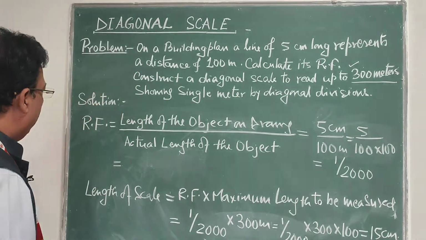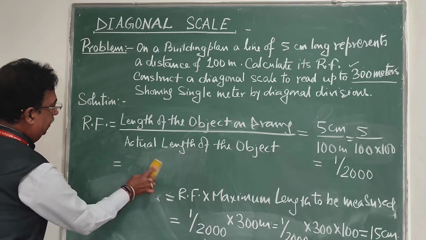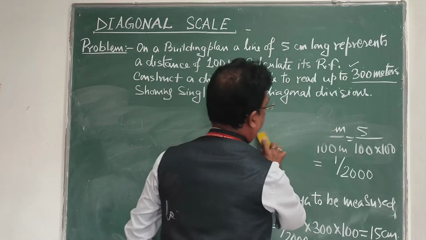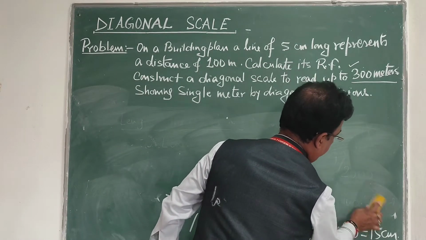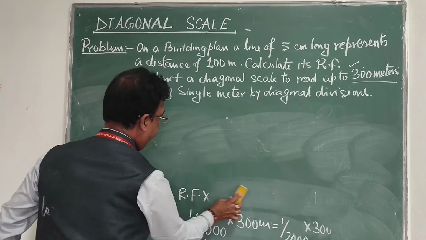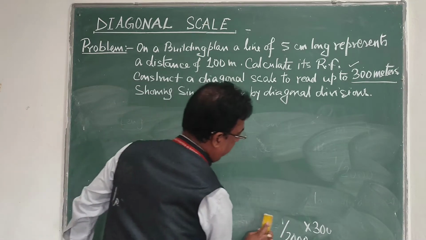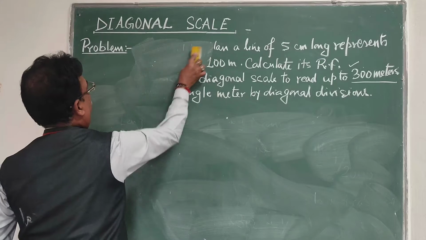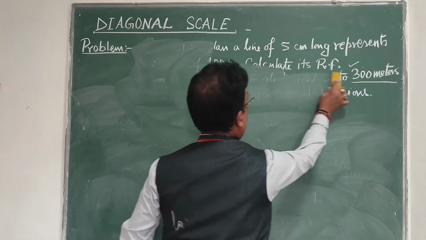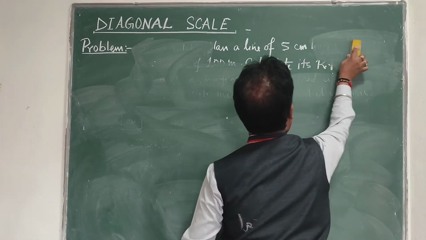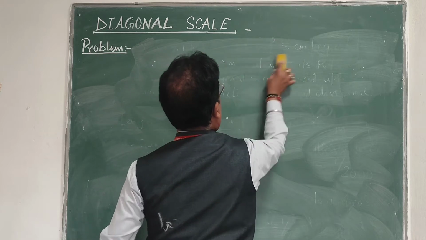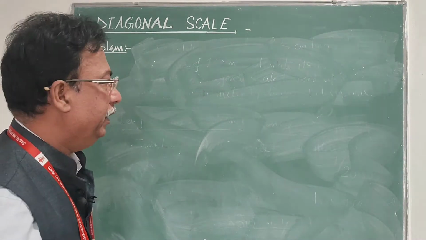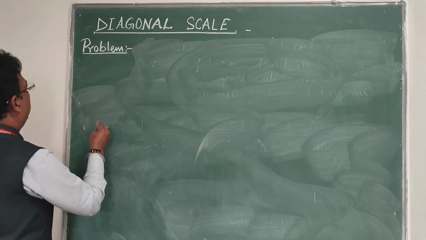Now if we want to go for a diagonal scale, in this problem, as they already told us, they want to measure minimum up to single meter. So minimum up to single meter means total length 300 meter, and if I want to go for up to single meter, the 3 units should be 100 meter, 10 meter and 1 meter.